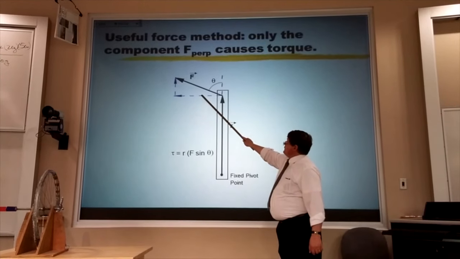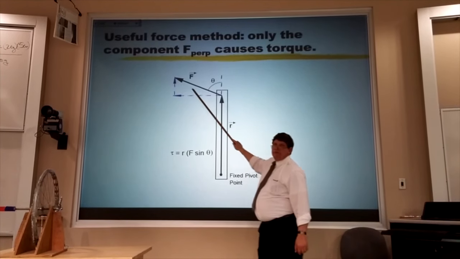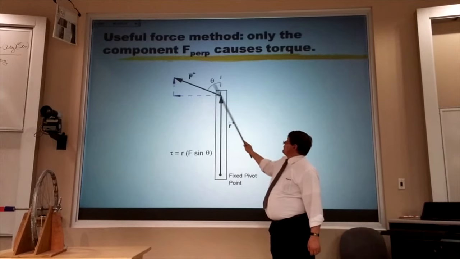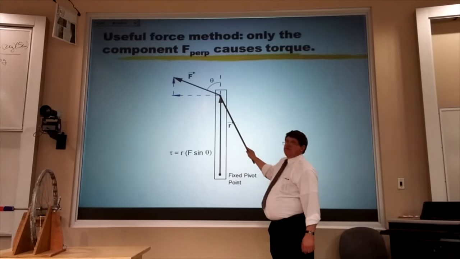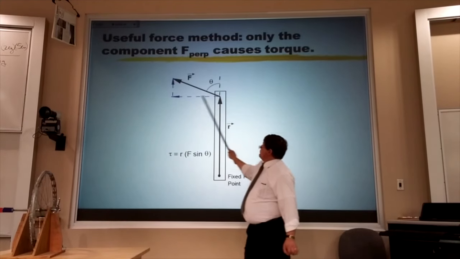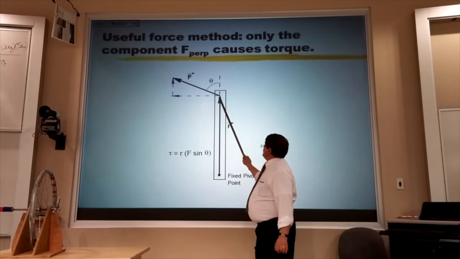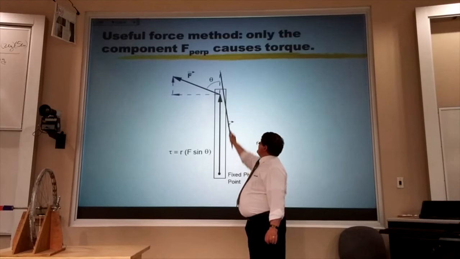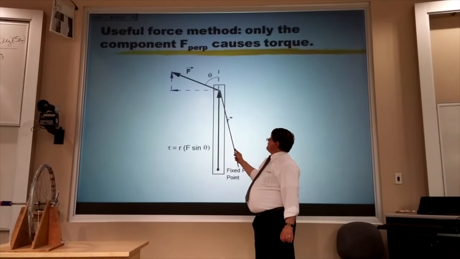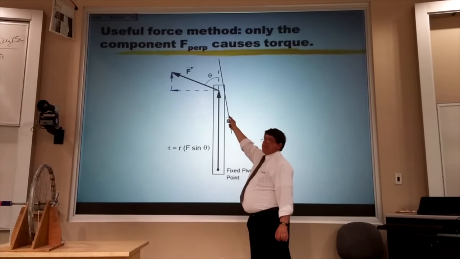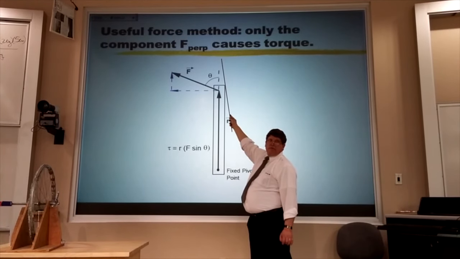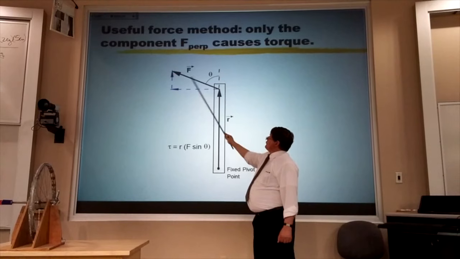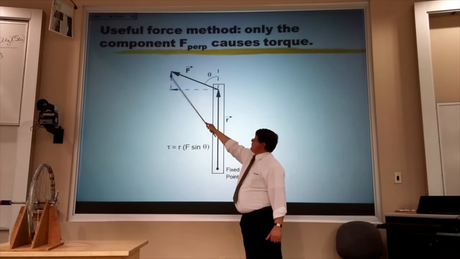Now you can think of these two components as forces that are applied right there. In other words, think of these as two strings, one pulling to the left and one pulling straight up, right there. If I'm pulling right there, straight up, is that going to cause rotation? No, heck no. So this is not giving me any rotation.